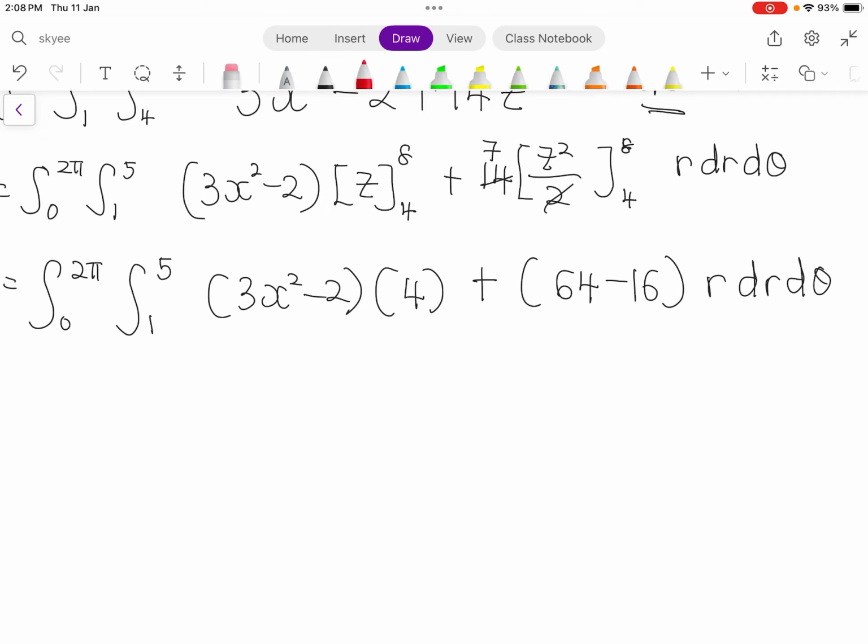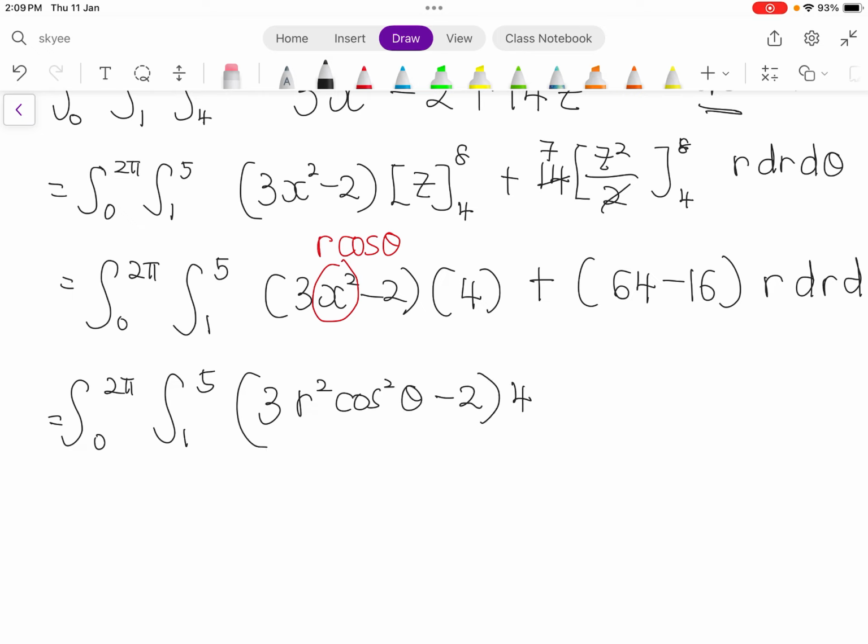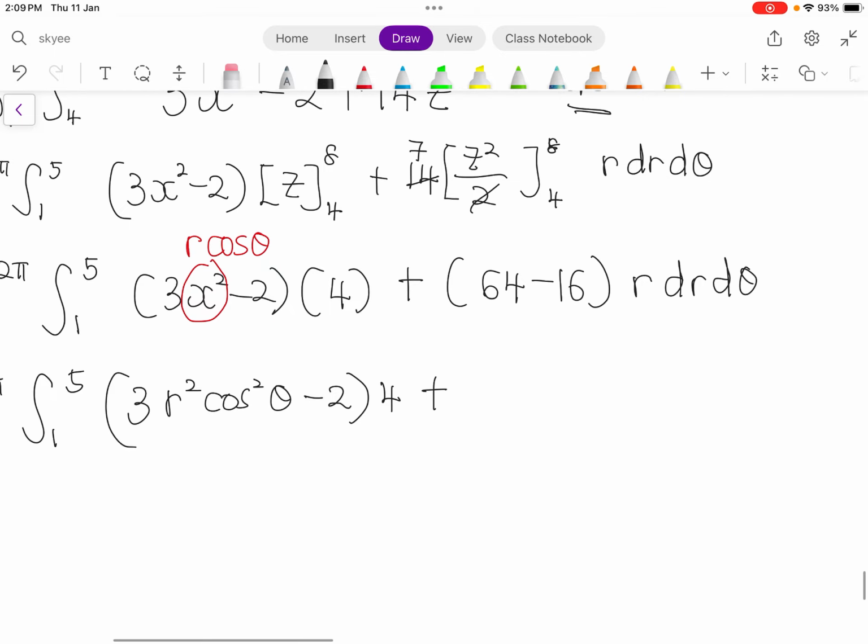The x here you have to replace with r cos theta. So r squared cos squared theta minus 2, and 64 minus 16, 48, r dr d theta.